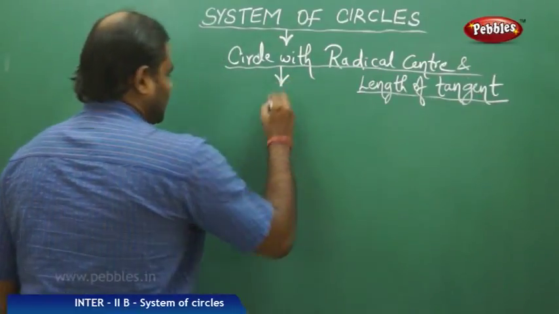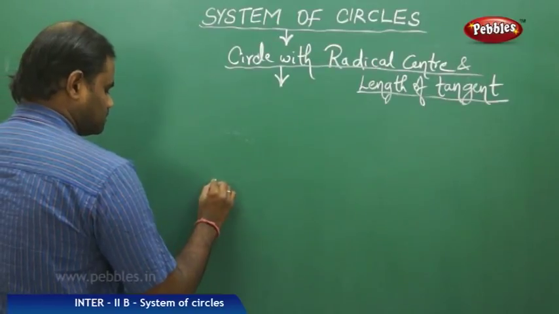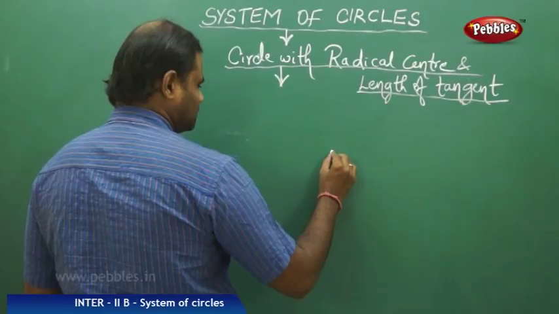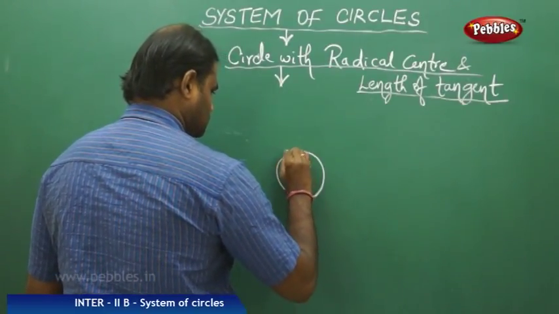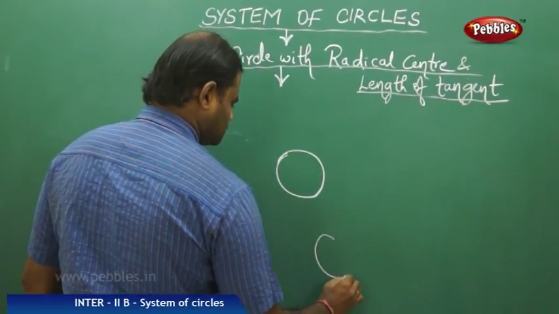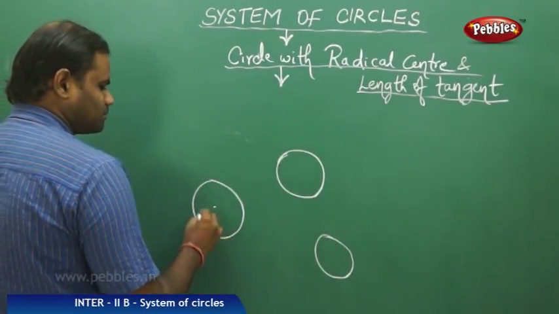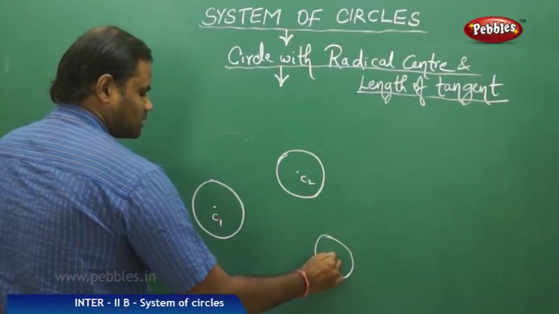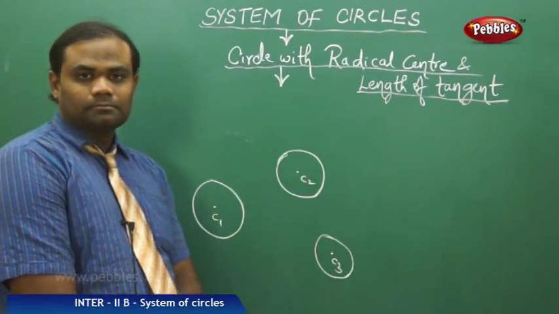Say for example, I have three circles, 1, 2, and 3, which are not collinear. That is, this is with center C1, center C2, and center C3.